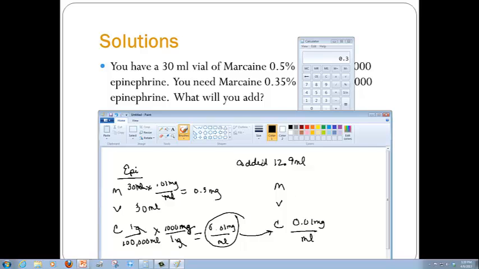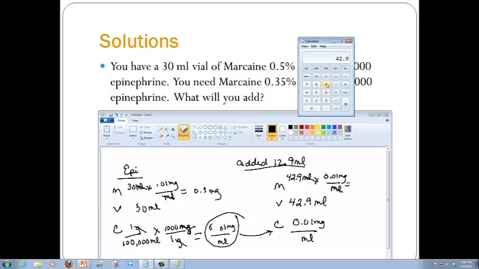Remember that we added 12.9 milliliters to the original solution when we corrected for the Marcaine. So we now have 42.9 milliliters in our solution. When you know two terms, you can calculate the third. 42.9 milliliters times 0.01 milligrams per milliliter allows me to cancel milliliters, tells me how many milligrams I need in the final solution.